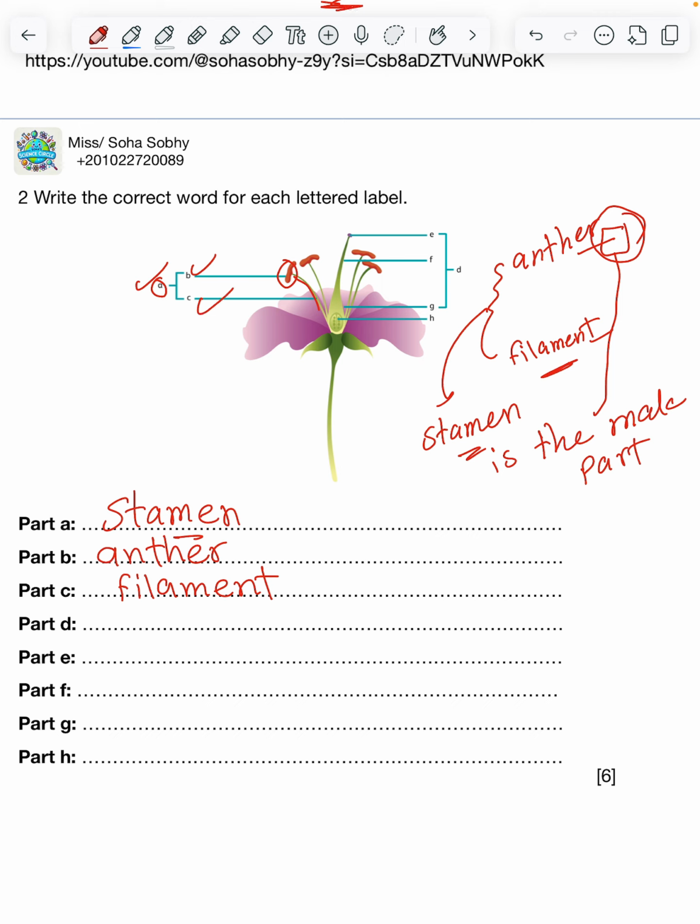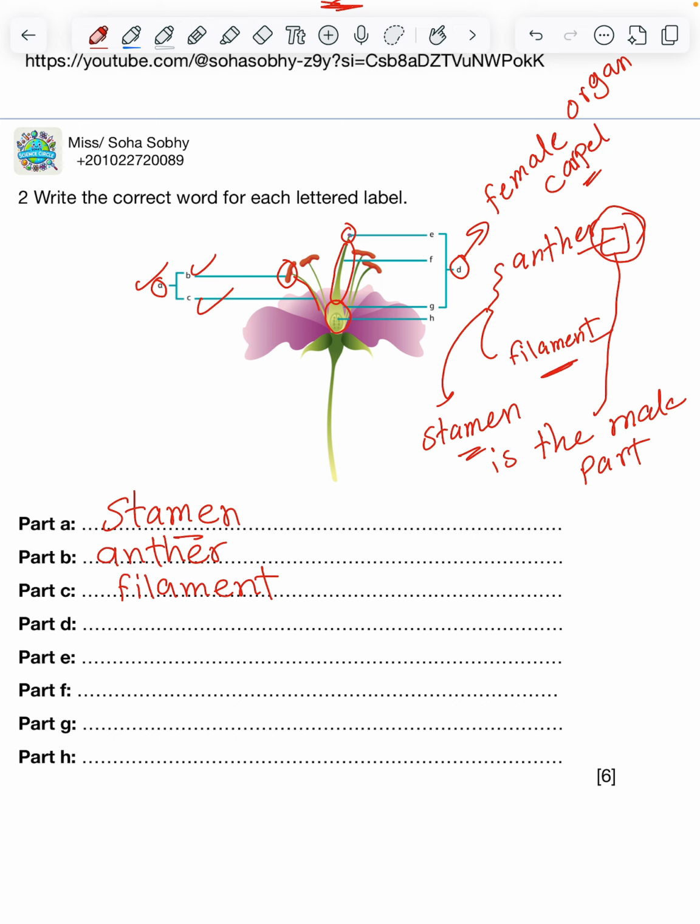Part D. Part D here, as you can see, consists of this part here, and this part, and this part. D is the female organ, which is called carpel. Carpel is the female organ.